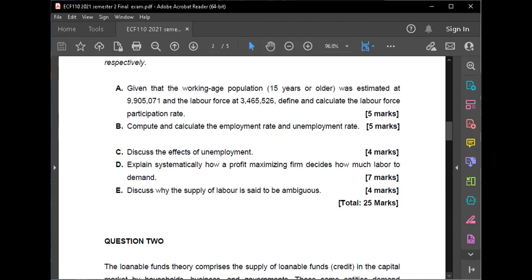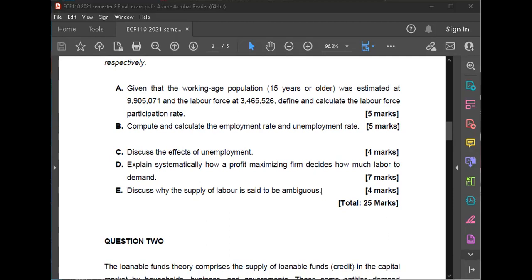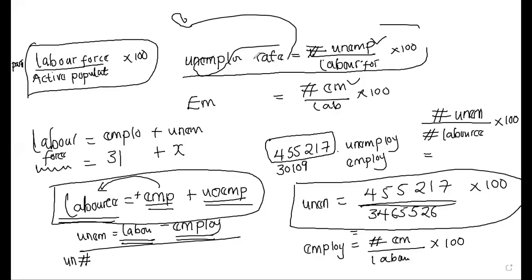It's usually given in micro, where we have the number of people that the firm is going to employ, where the marginal product of labor is equal to 0 to maximize. So maybe just for now, I know you don't understand that because it's usually done in microeconomics, but the firm employs labor up to the point where marginal product is equal to 0.